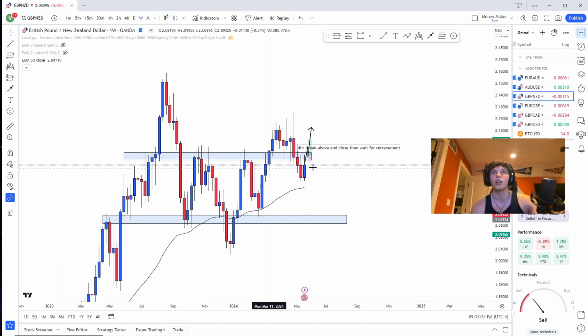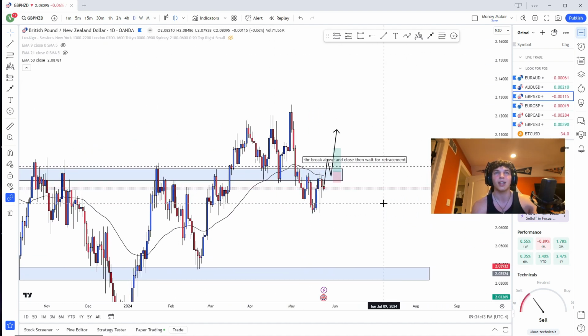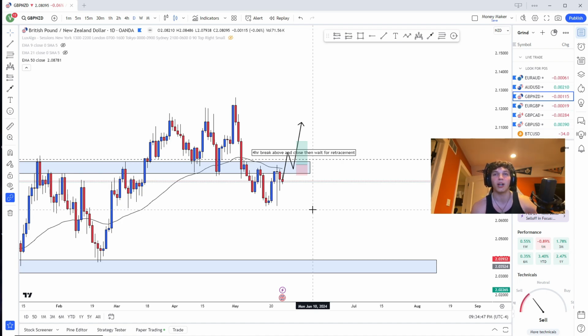We're coming back, we're retesting our neckline, somewhat retesting our daily and weekly area of interest, but the thing is we are below it. And I hate placing a trade when we're below our area of interest if we're looking for a long position.